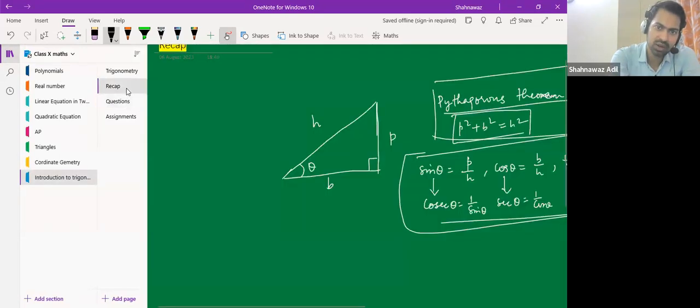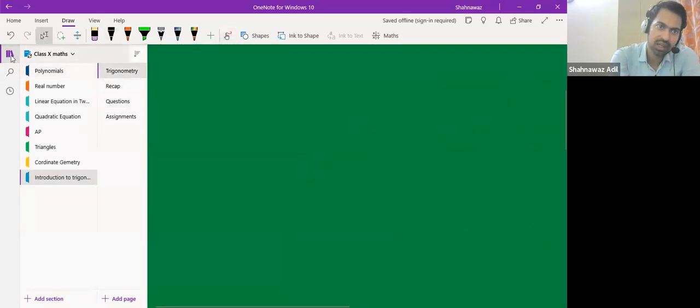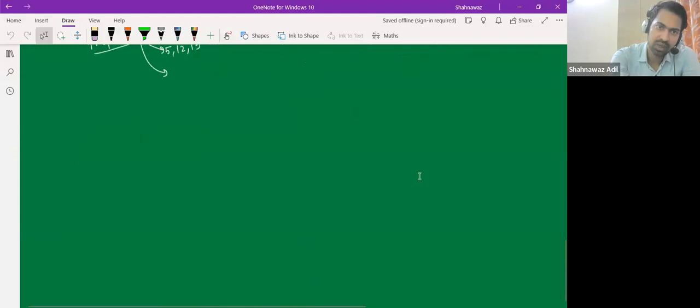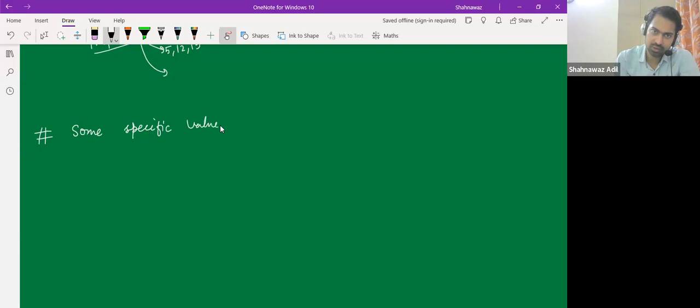and derivation is not important. So what I will do is that I will just write those values, right? And they have omitted quite a few portions of the syllabus in this chapter. So some specific values of trigonometric ratios.